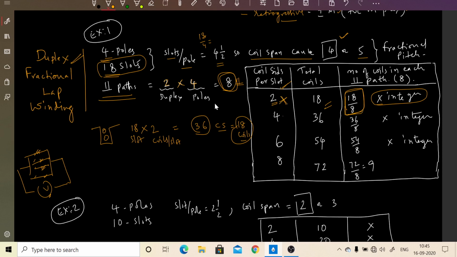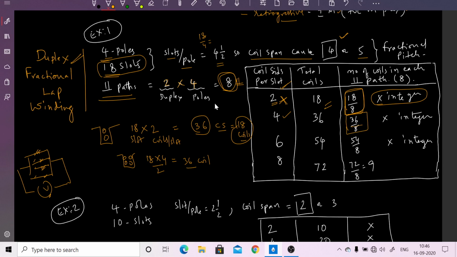So if I take four coil sides, so 18 slots into 4, divided by 2, this will give me 36 coils altogether. And this number of coils is also not possible to divide among 8 parallel paths.